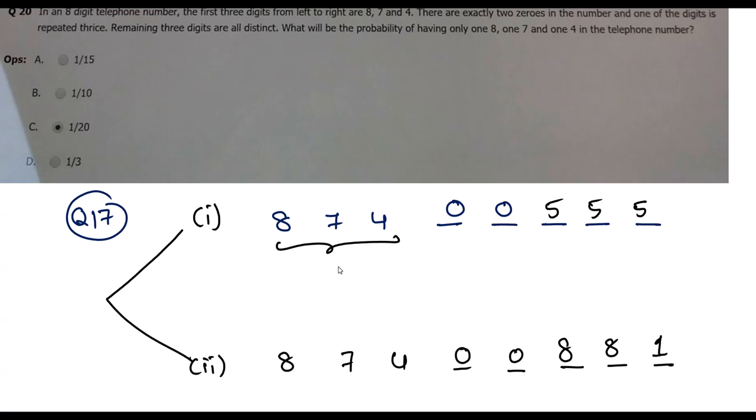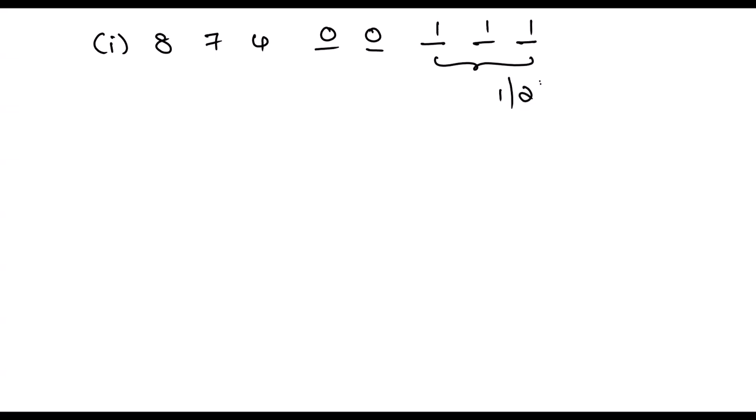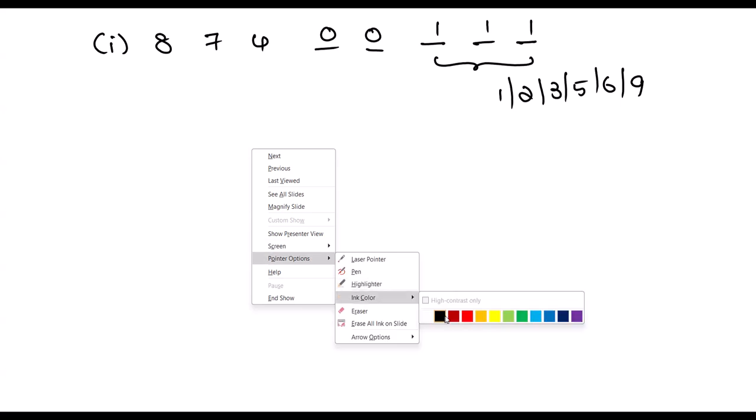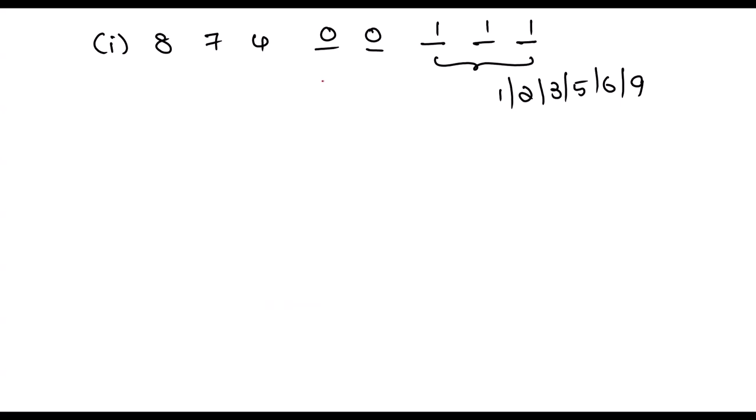So we broadly go with the first case, that is the favorable one. 874, these two slots are zeros. These three slots can be filled only with 1, or I can fill with 2, 3, 5, 6, 9. Now regarding these 5 slots, we can arrange in 5 factorial ways in permutations. Then divide by 2 factorial because 2 zeros are repeated.